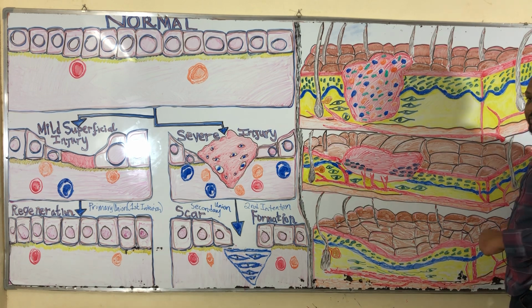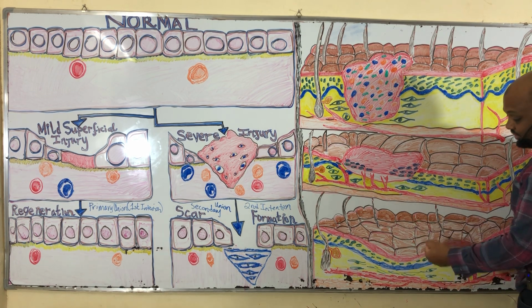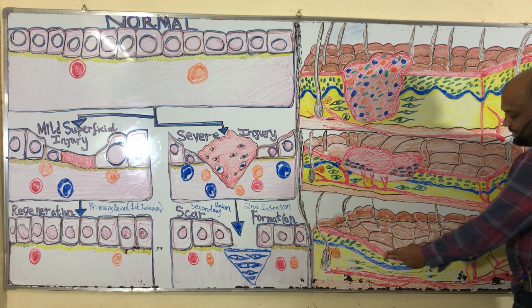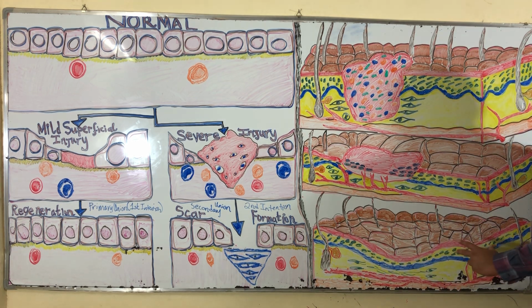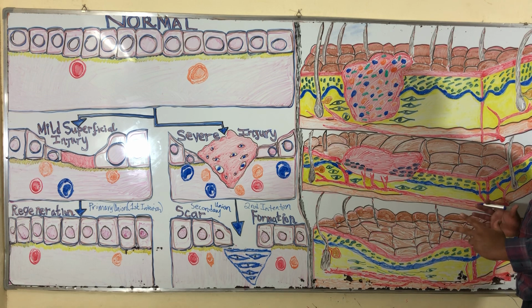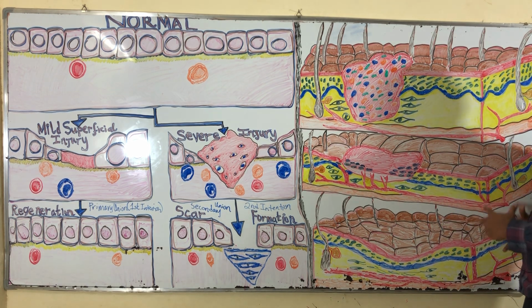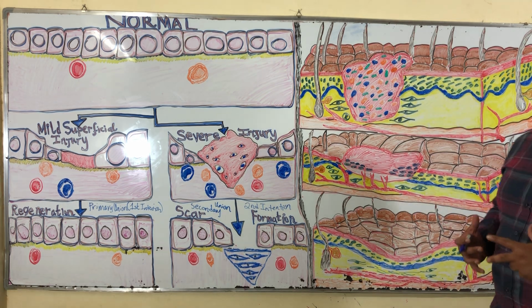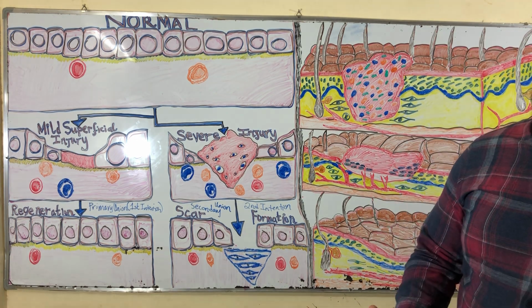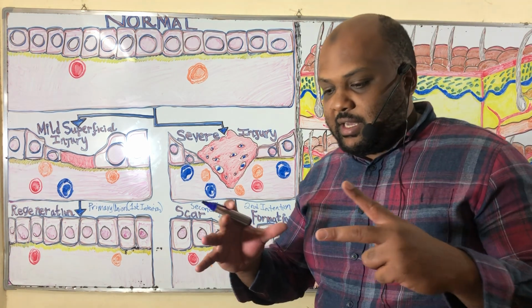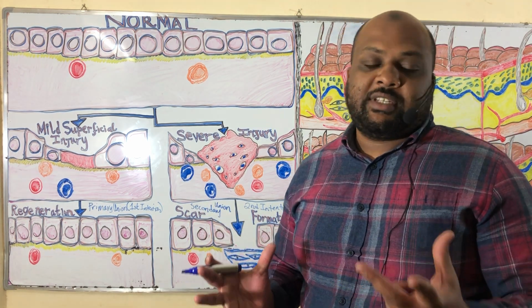Collagen 3 is replaced with collagen 1 that is more tensile, is strong, and then in the end these fibroblasts will secrete metalloproteases that cause the remodeling. So remodeling is in the end where we have collagen that is more tensile, and the connective tissue, the extracellular matrix, is now remodeled in a way that is resilient and tensile.